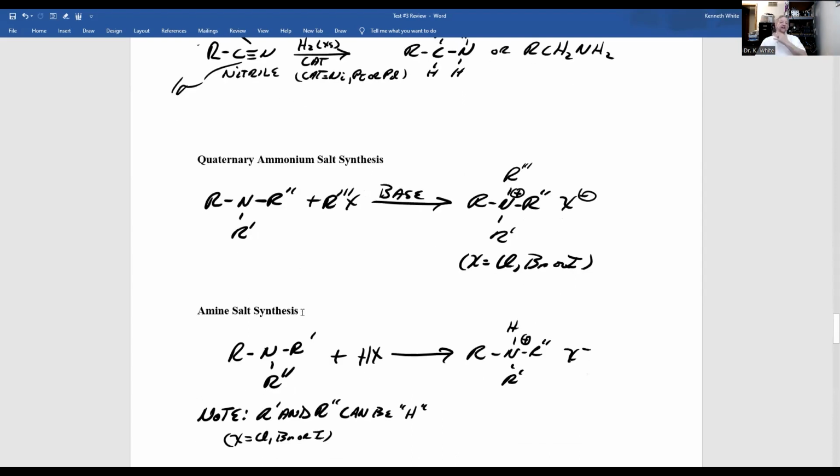Now, something near and dear to my heart, because it helped me make a lot of money when I was working at this company, Akzo, and other people too, was if you take a tertiary amine and react it with alkyl halide in base, you get a quaternary ammonium salt. And I just have to show you.